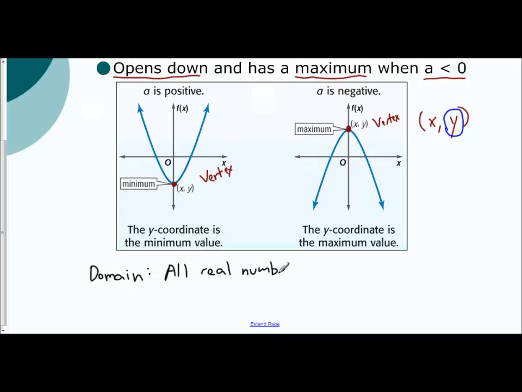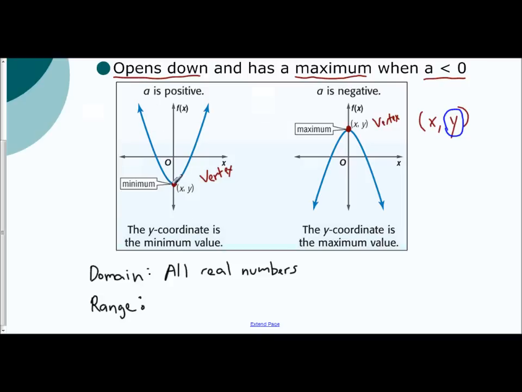Our range is the tricky part. Your range is based off of the y values of the graph. There's two scenarios for your range. If we look at when a is positive, we see that our y values are going up forever.